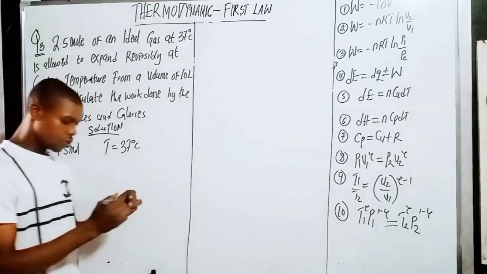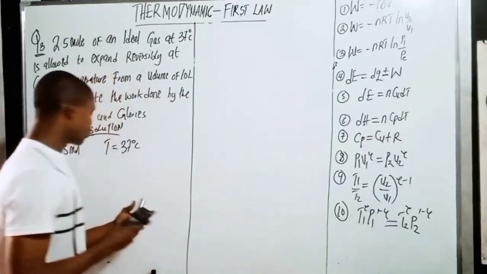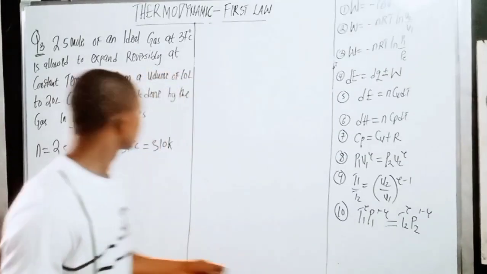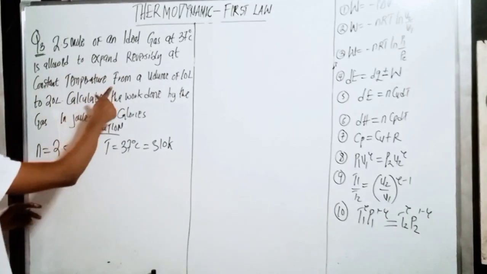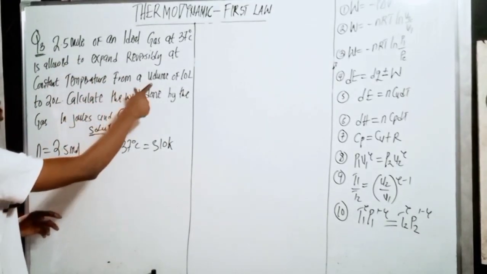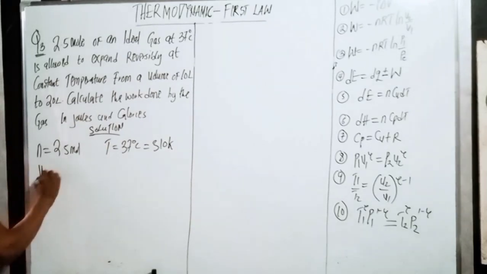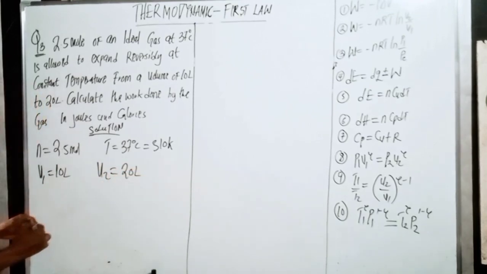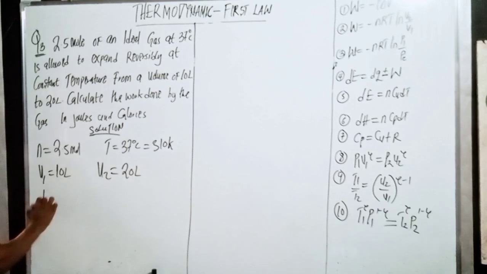So 37 plus 273 is going to be 310 Kelvin, right? Now at constant temperature, V1 is equal to 10 liter, V2 equals 20 liter, right? So they ask you what is the work done.